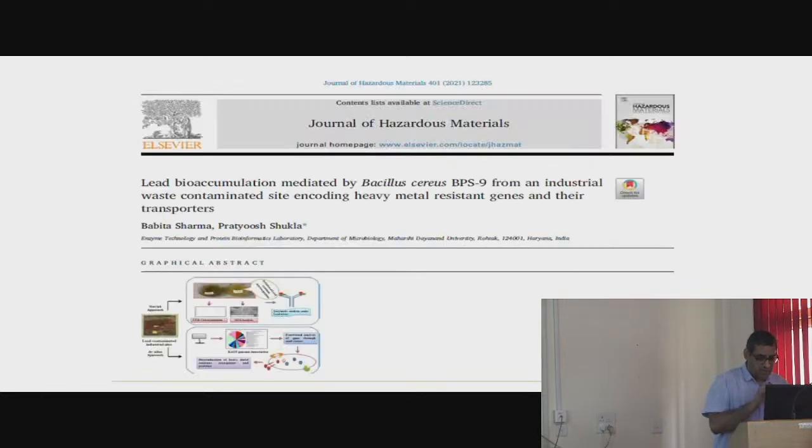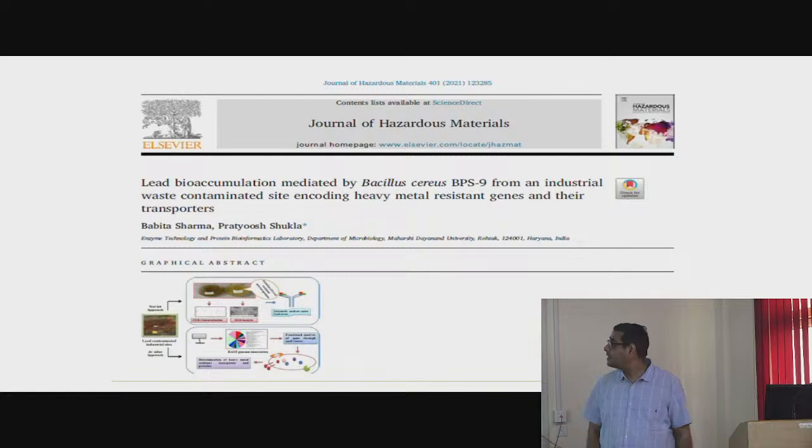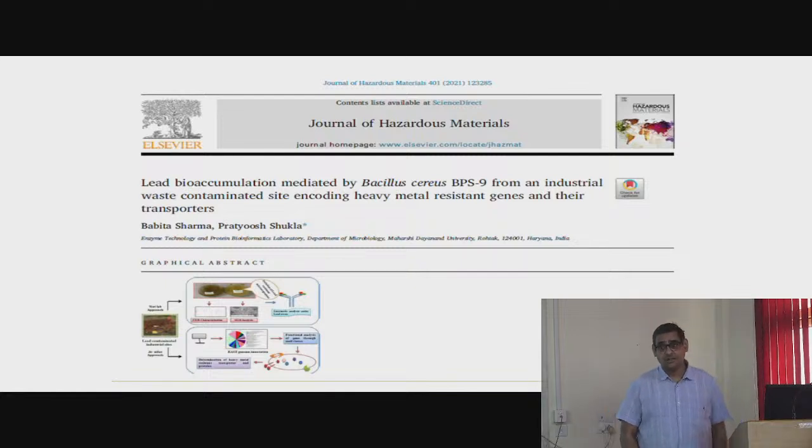And the in silico studies, which we published in 2021 in Journal of Hazardous Materials: lead bioaccumulation mediated by Bacillus cereus BPS9 from industrial waste contaminated sites, and their transporters. We are not able to complete the study of transporters, so this study is not yet completed.